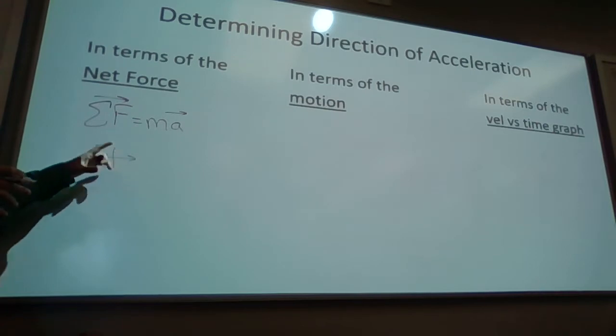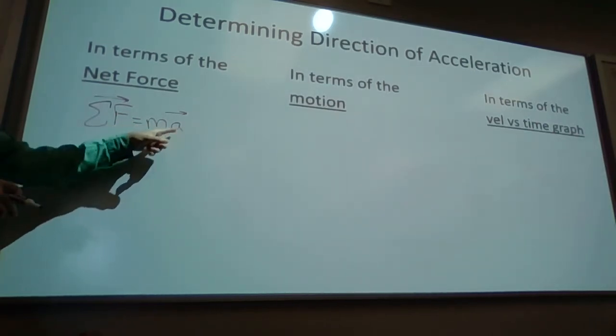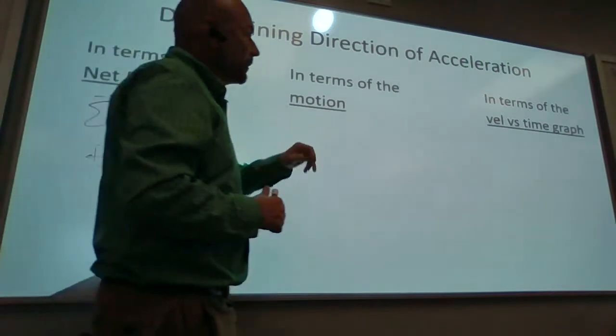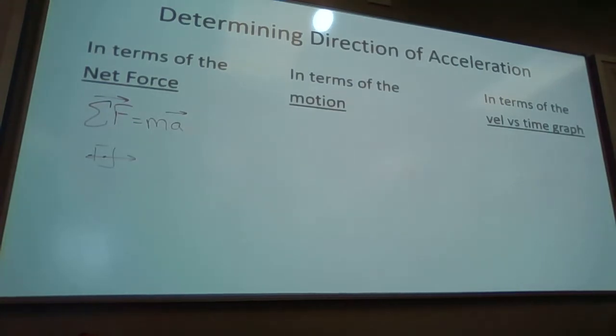So you need to figure out the direction of the total force before you can figure that out. Okay, good with that? Tell your neighbor how you figure out the direction of acceleration based upon the motion.